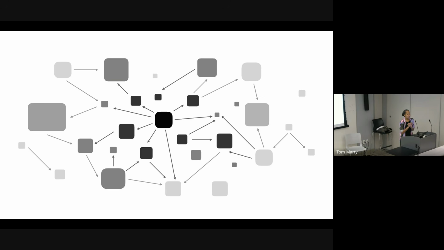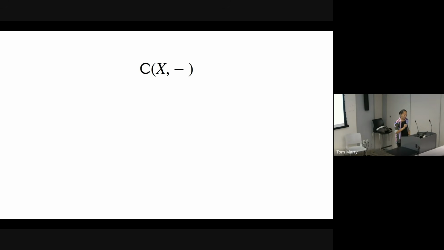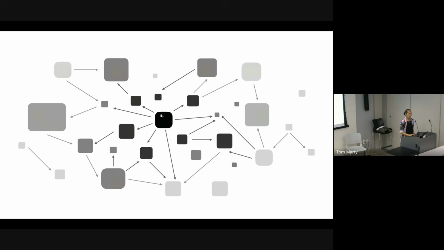I actually want to show you that theorem I just mentioned in slightly more formal notation, because we're going to use that notation repeatedly. So let me describe this idea a little more formally. Pick an object X. Imagine X is this object in the middle here. Maybe this is a set or a vector space or a string.